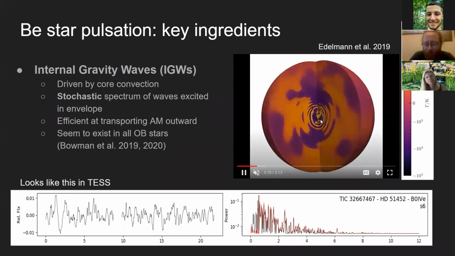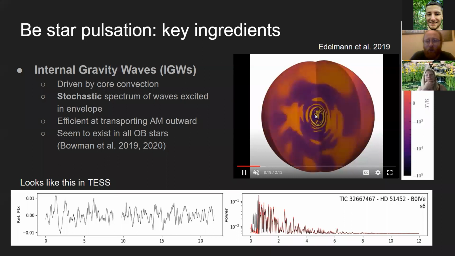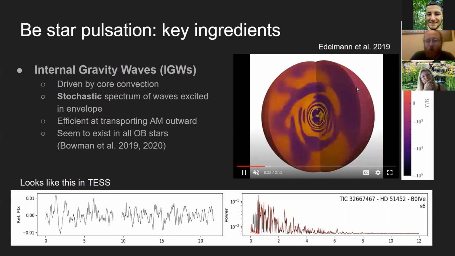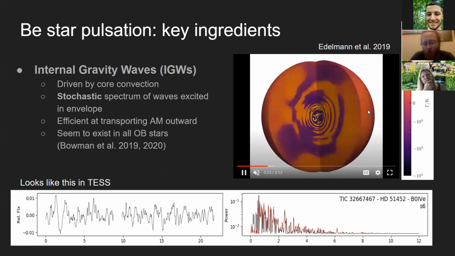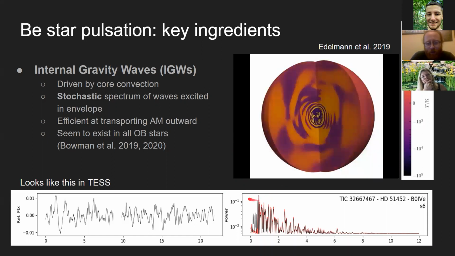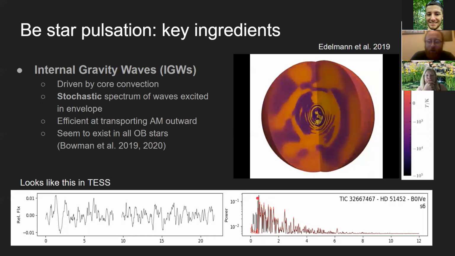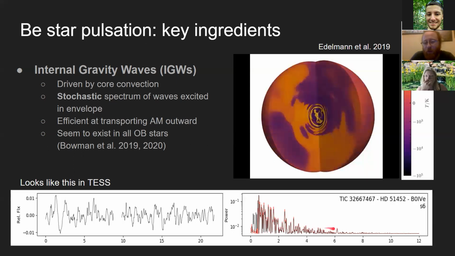You can see convection plumes here in the convective core, and that excites these stochastic modes in the envelope, which changes the temperature profile across the surface. And we see this spectrum of low frequency variation, where the amplitude drops off with increasing frequency.